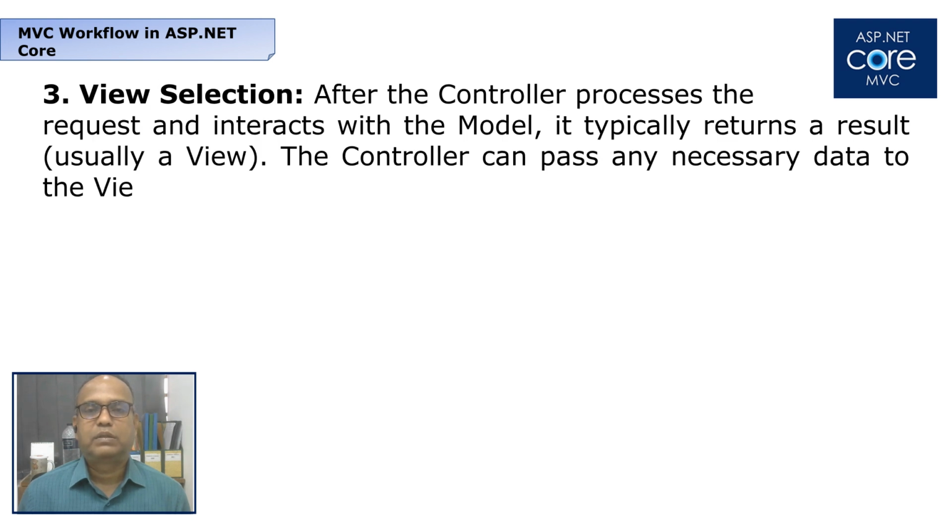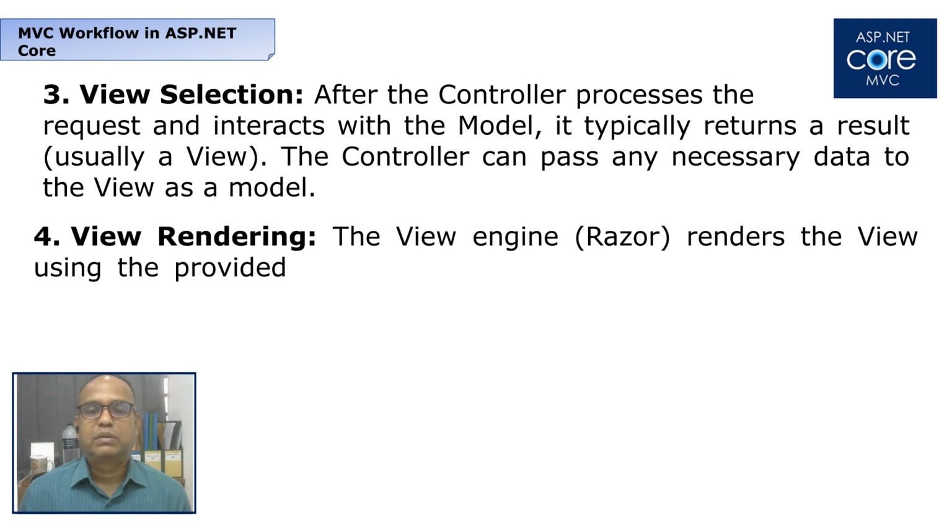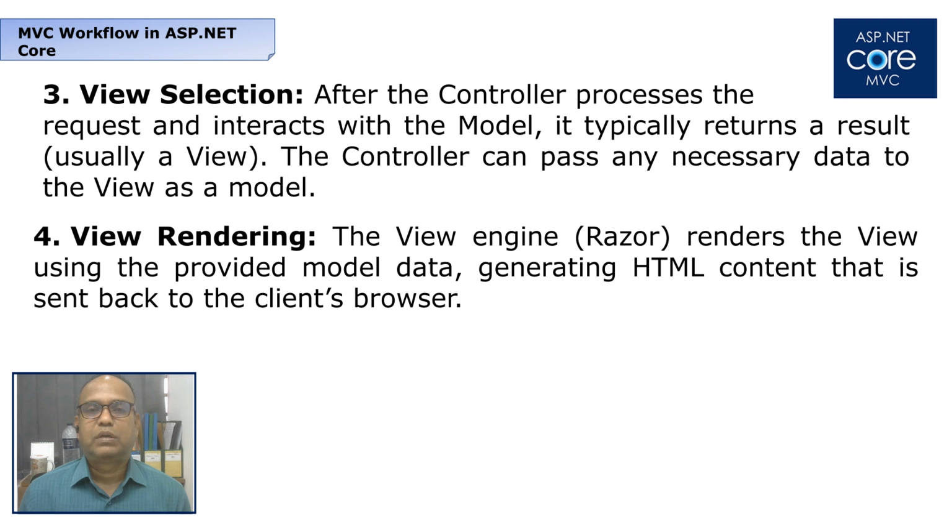Number 3. View selection. After the controller processes the request and interacts with the model, it typically returns a result, usually a view. The controller can pass any necessary data to the view as a model. Number 4. View rendering.